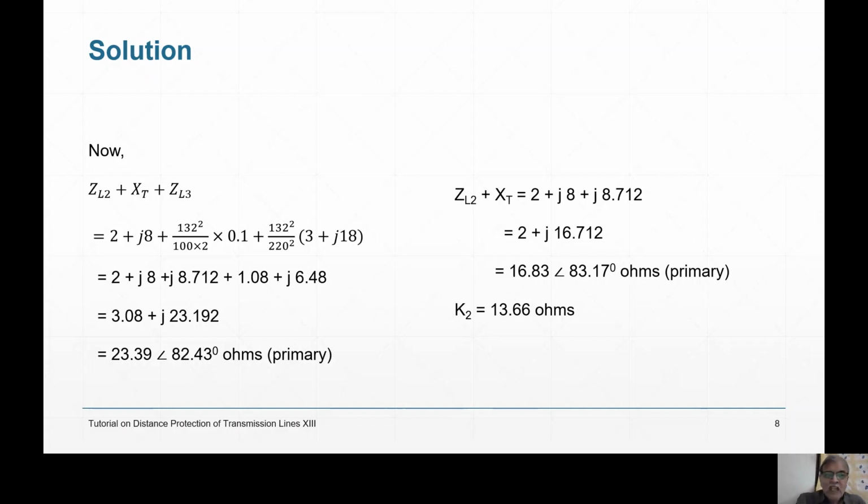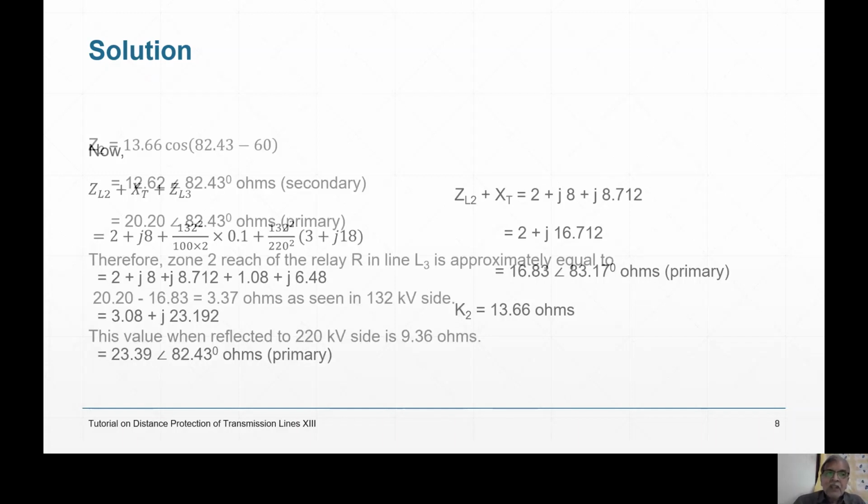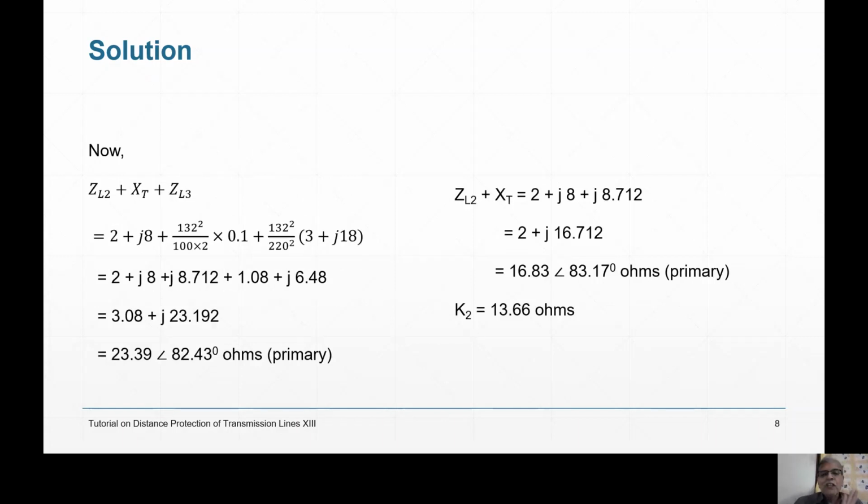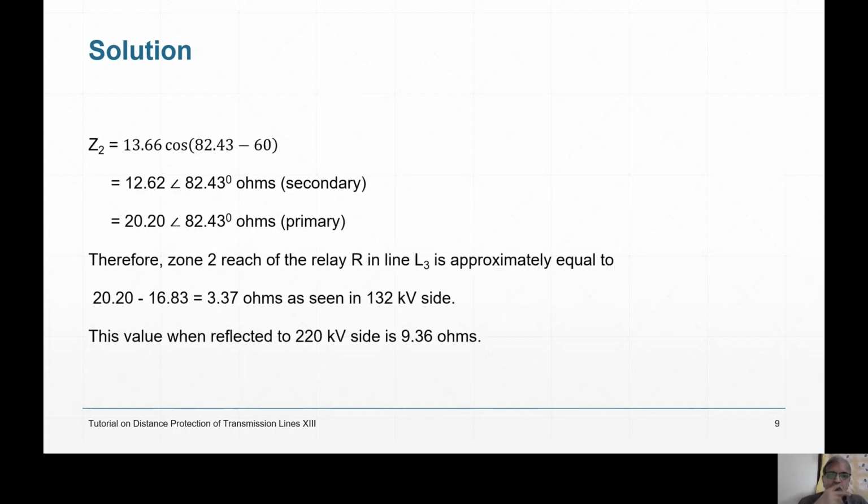Now K2 given is 13.66, so Z2 is equal to 13.66. I am considering angle 82.43 as the full line length angle. That I do not know, so I have only assumed it, but I have to do that.